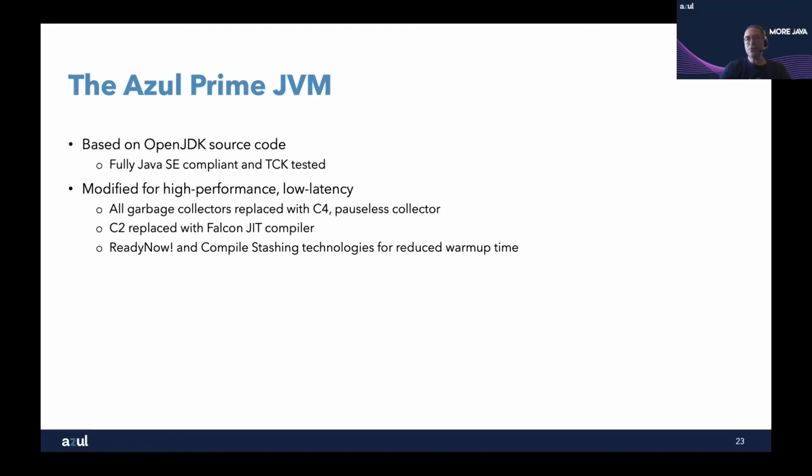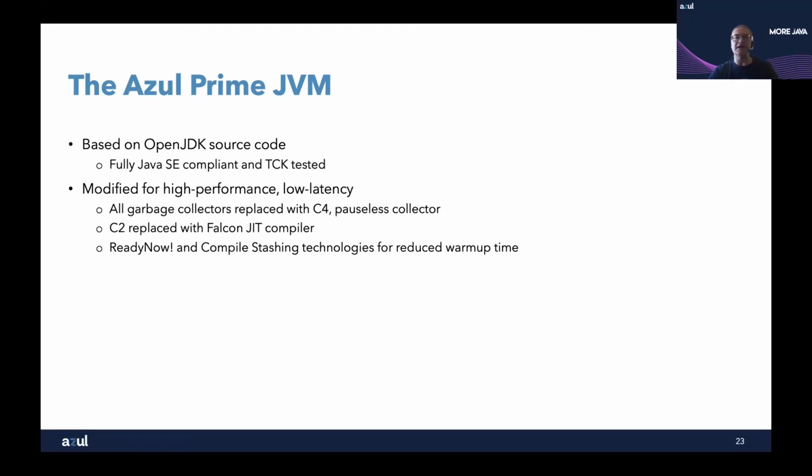From a performance point of view, what we've done is to deliver and develop a higher performance, lower latency approach. From a garbage collection point of view, what we do is replace all of the collectors in HotSpot, so serial, parallel, CMS, G1, Shenandoah, ZGC, replace all of those with one that's called C4, the continuous concurrent compacting collector.